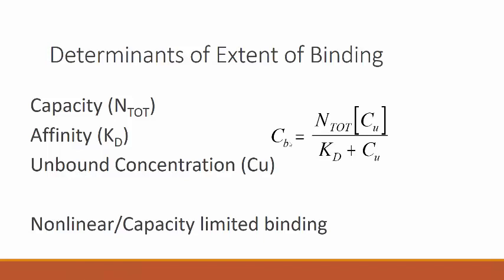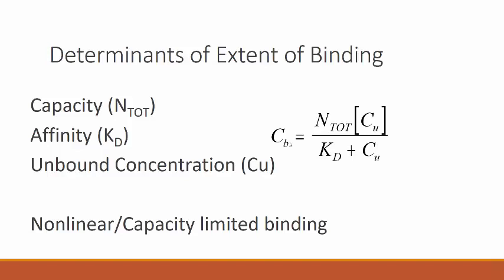So what determines protein binding? Number of protein binding sites available. The KD, or the concentration where half of those binding sites are occupied, and finally the concentration of unbound drug available.